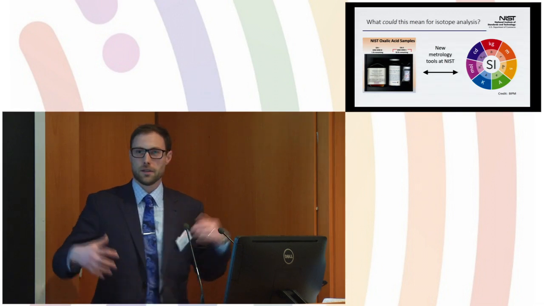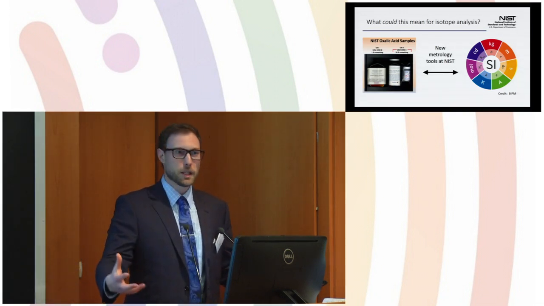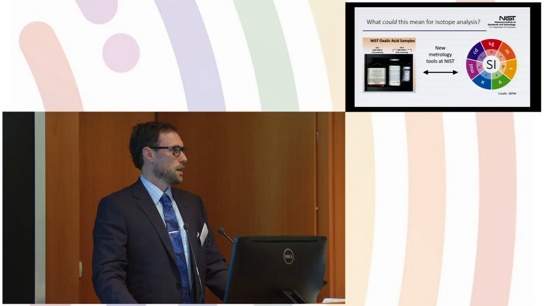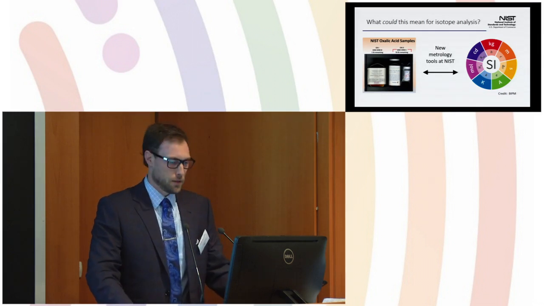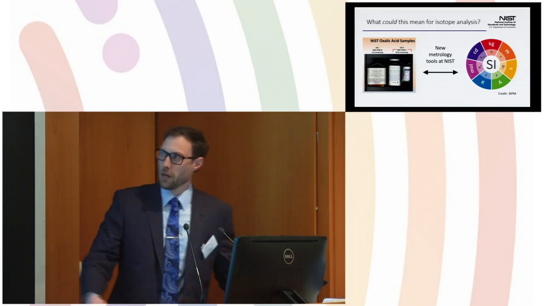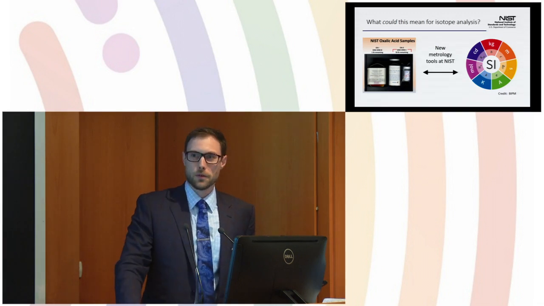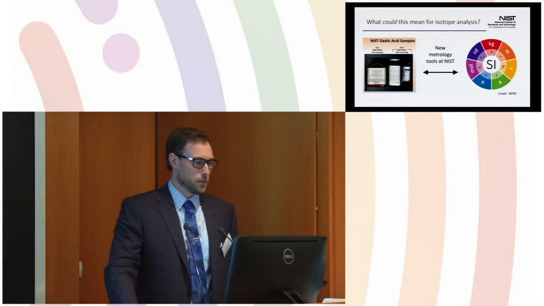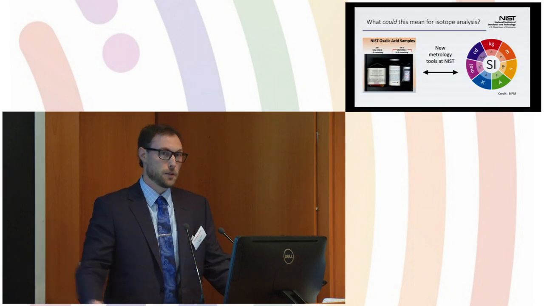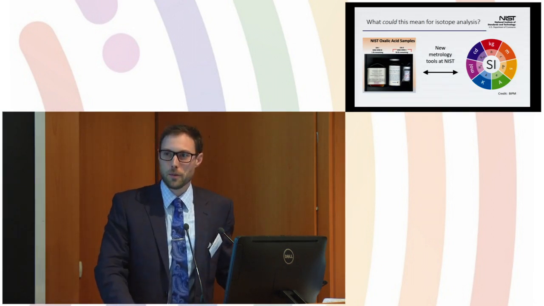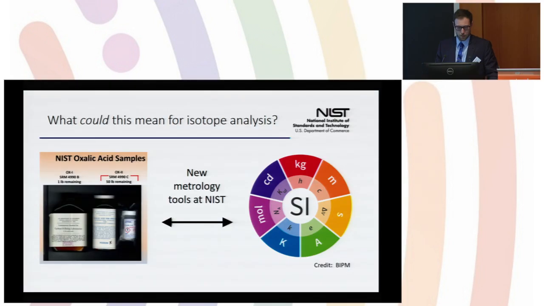So what does this completed redefinition of the SI mean potentially for the isotope and isotope ratio world? Where you see on the left are examples of the oxalic acid 1 and 2 standards that are used to underpin the radiocarbon scale.